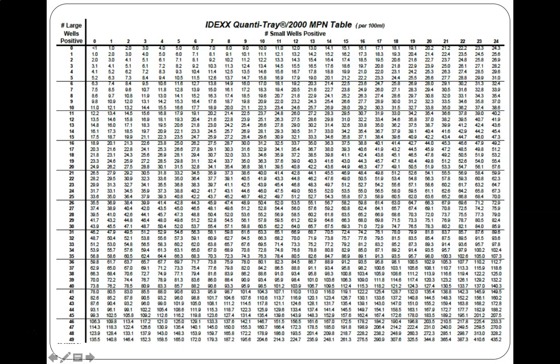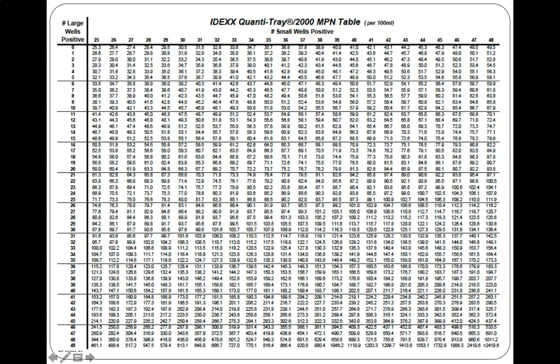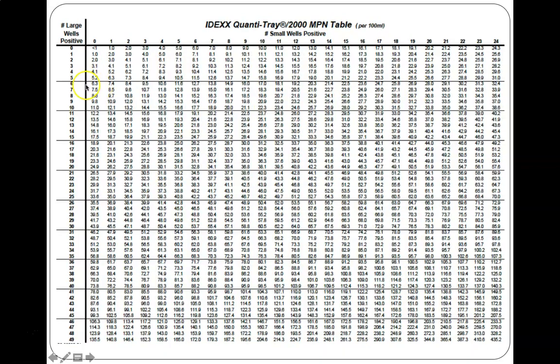On this slide, you see the front page, which goes all the way up to 24. There's a back page for small wells that goes from when you have 25 to 48 small wells that are positive. Now, in our example, we had 6 large wells and 0 small wells.